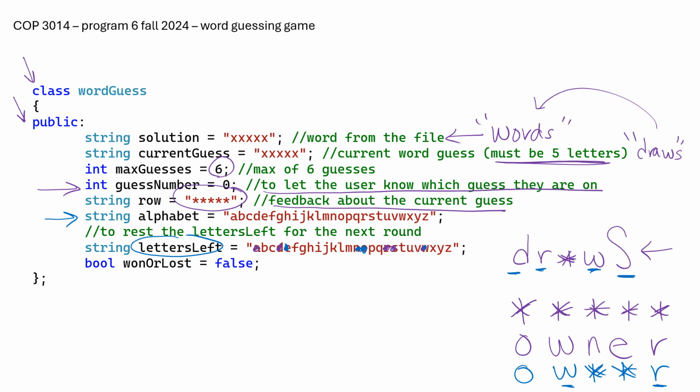So instead of having to assign it to a big string like this, you're just storing it in a string variable, and then you can assign it back when you set up the next round. And this is set to false, but it sets to true if the user wins that round. So you can use that to give some feedback and to possibly end the round when the user wins before there are 6 guesses.